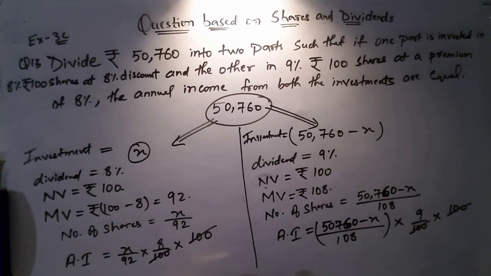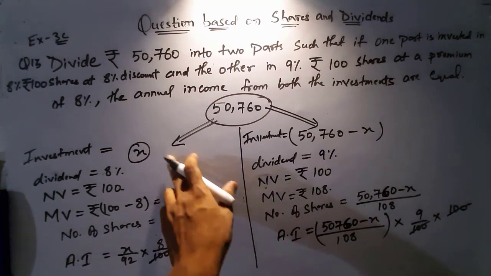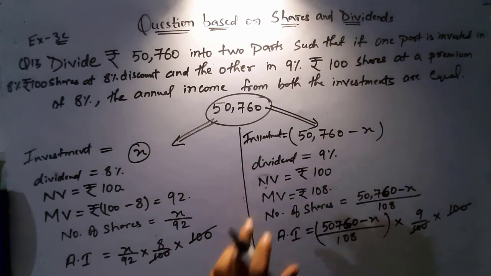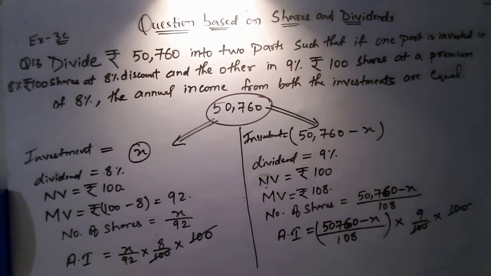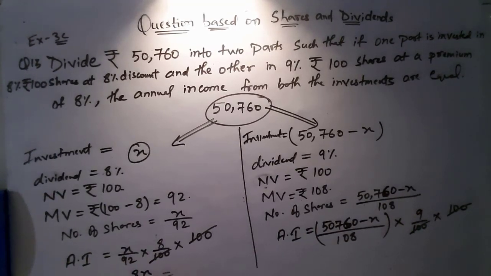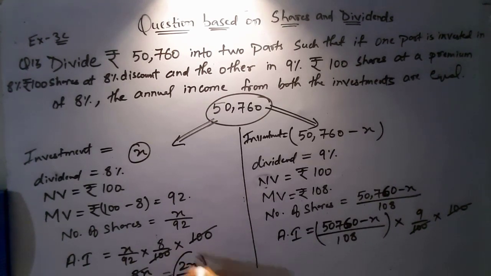Since in the question it is mentioned that annual income from both the companies is the same, we will equate the annual income and find the value of X, so that we get the two divisions of the total money. Here the annual income comes 8X upon 92, that will be 4 2s are 8, 4 23s are 92, so it is 2X upon 23.